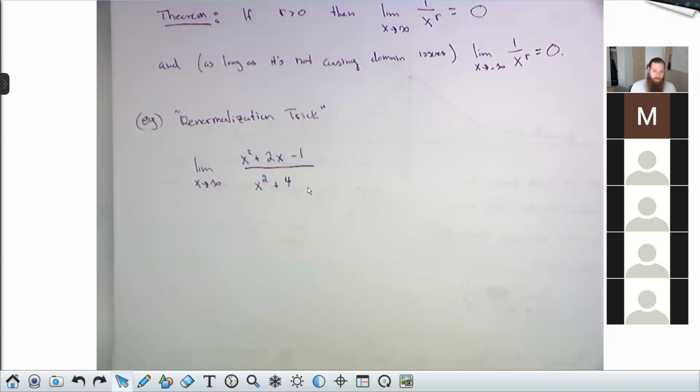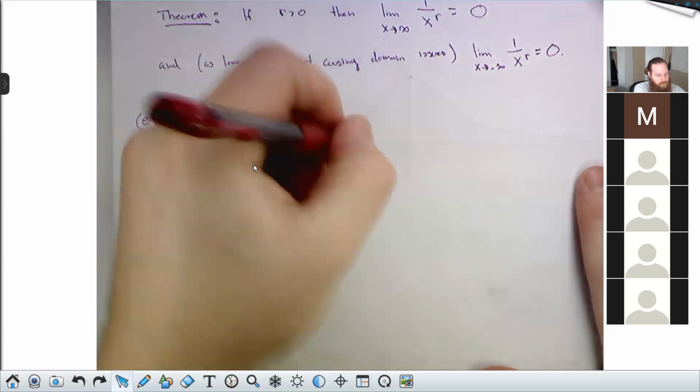But what will tell me something is if I divide top and bottom by the largest power of x. That's the renormalization trick.